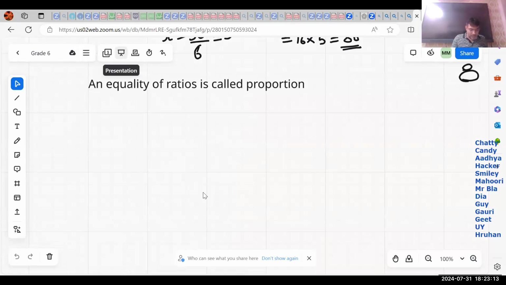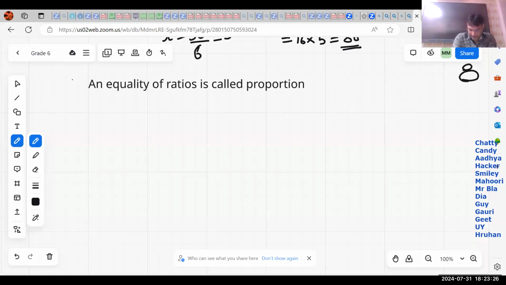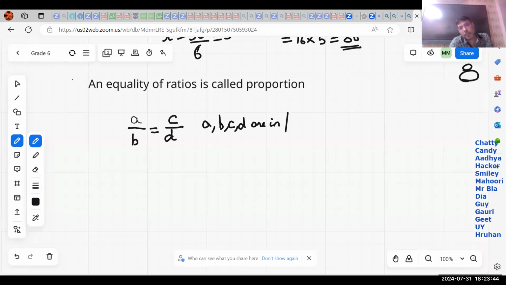Okay, guys, so I hope the video was self-explanatory that equality of ratios is called proportion. So see, if we have A by B is equal to C by D, then we can say that A, B, C, D are in proportion.